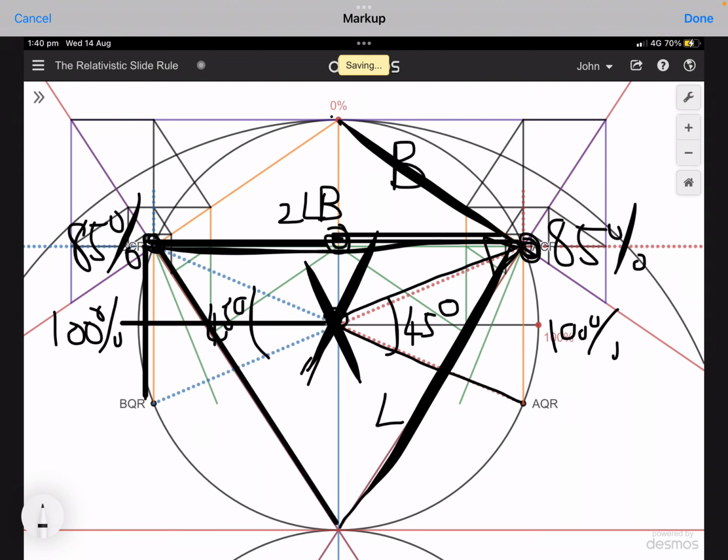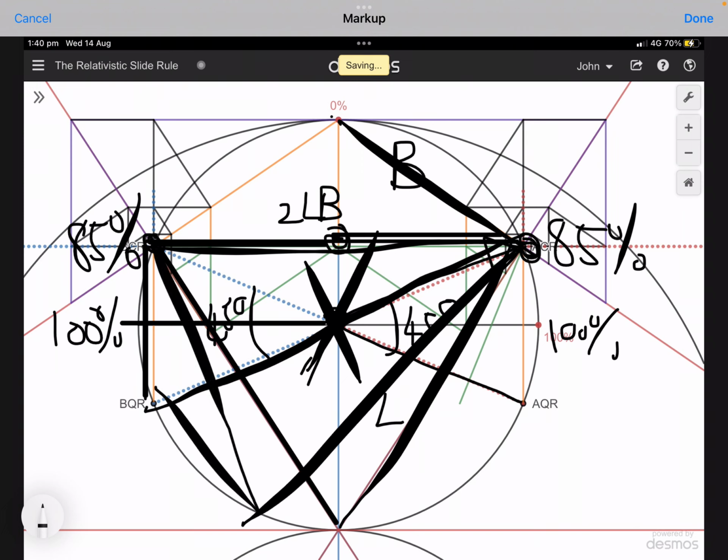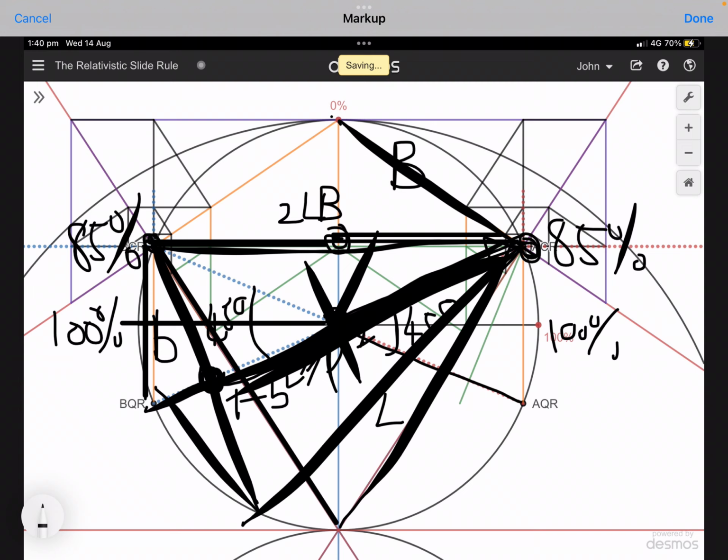Alternatively, they can have separate wave functions, in which case they would have separate relativistic slide rules. I mean, you take 1 minus the little b value squared, which is just little l squared. It's basically the length from there to there. And in this case, it's 0.85, so 85% in both cases.